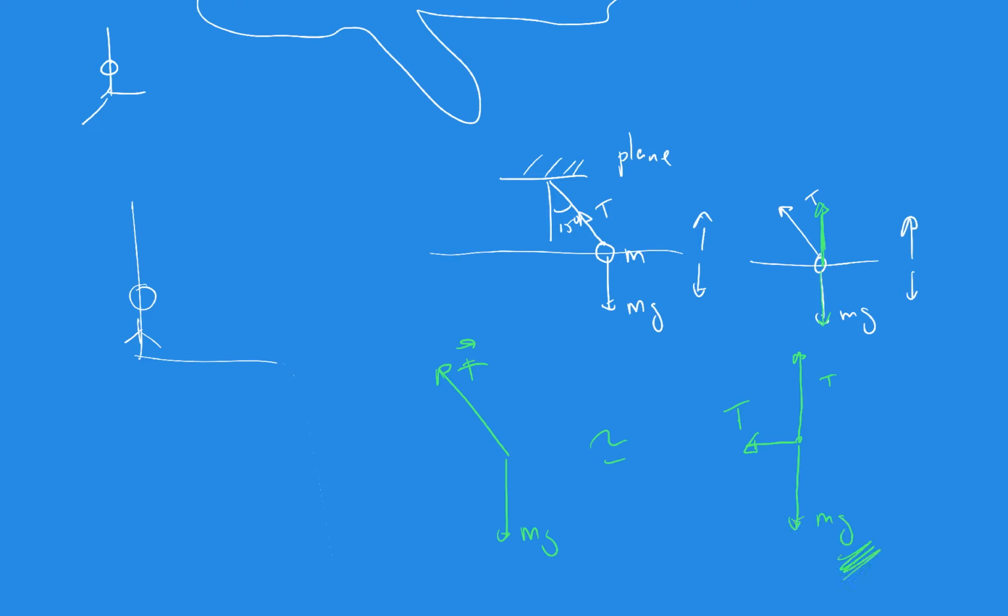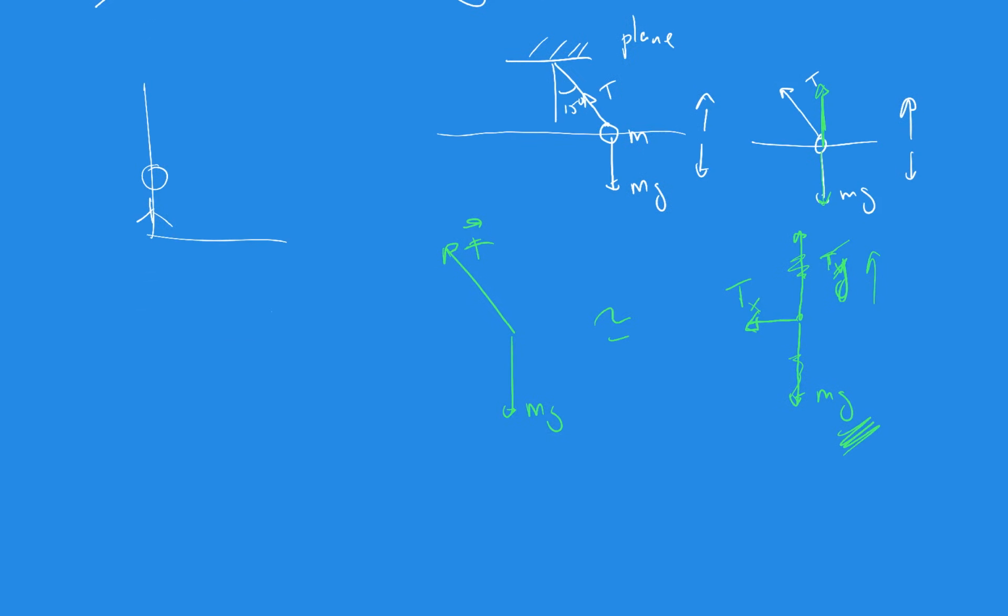So mg is in equilibrium with Ty. It has the same amount of force going up by the tension, Ty, as the weight. So the sum will be zero here. The only force that remains free to accelerate is the tension.